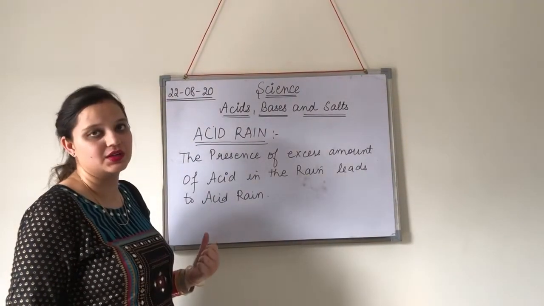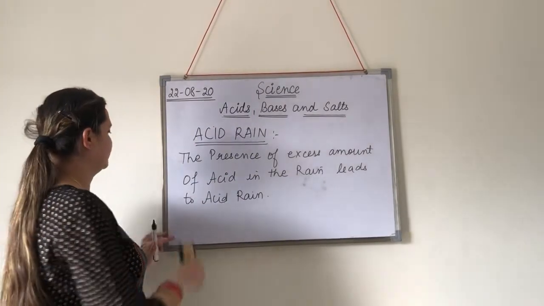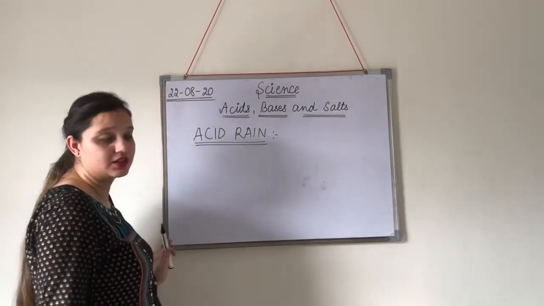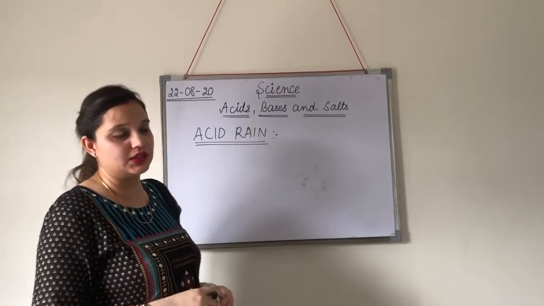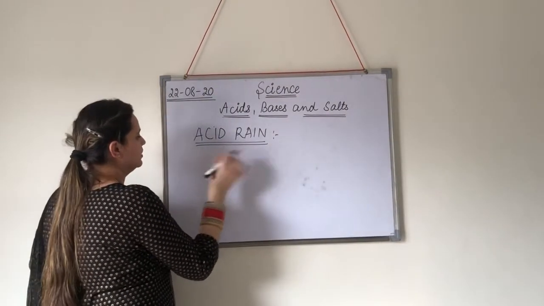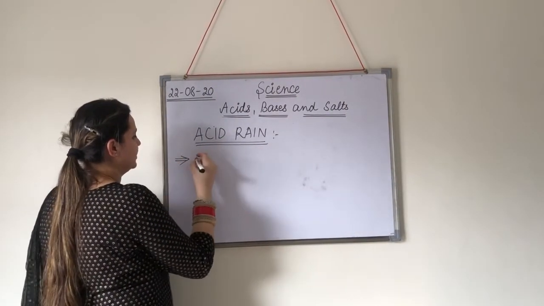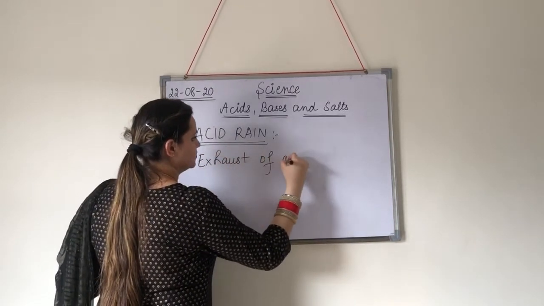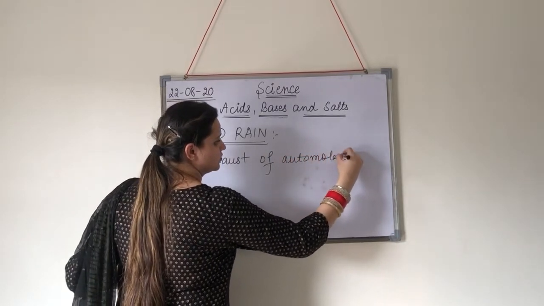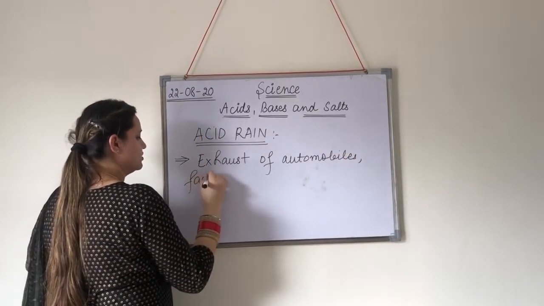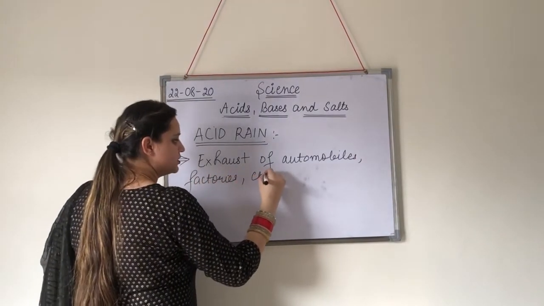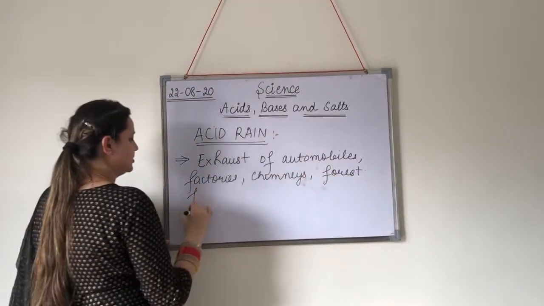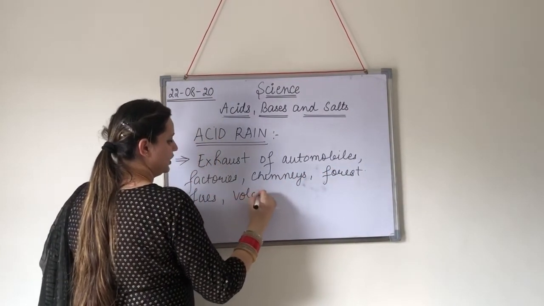Now what can be the different sources of acid rain, right? From where are the acids being collected? So the acid in the rain can be collected from the exhaust of automobiles, from the factories, the exhaust that is coming from the chimneys, the forest fires, the volcanic eruptions.